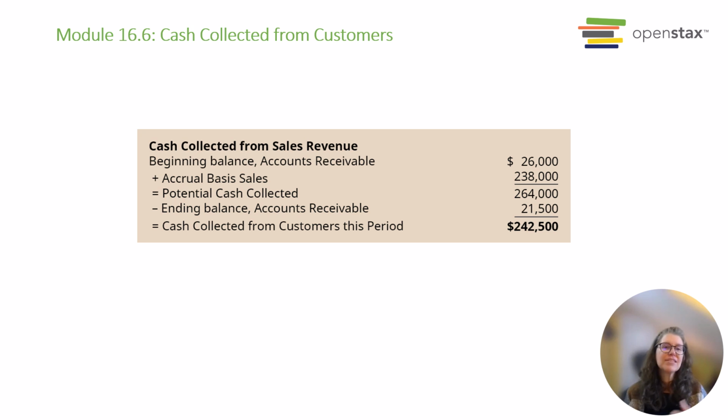Then we go to the end of the time period and we look at that accounts receivable amount. What's left in there? Subtract that out and you get the amount of cash collected from the customers.